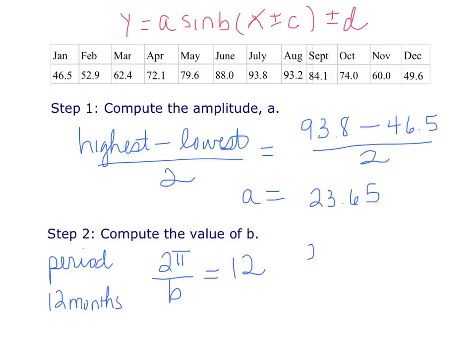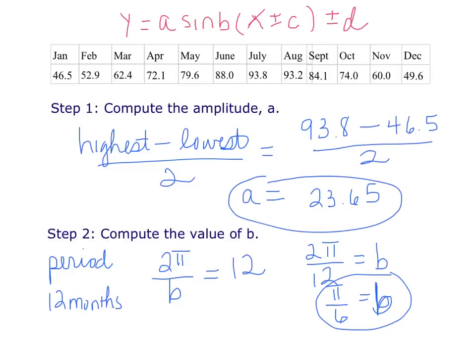And remember from when we did this before that you could do 2 pi over 12 equals b, and we're in radians, that's the pi. And so b is going to be equal to pi over 6. So now we have b and we have a.